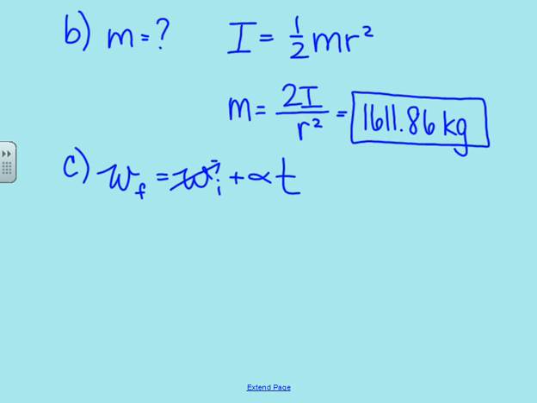Omega initial is 0 because it starts from rest. So we'll use 0.94 as our angular acceleration times 5 seconds, which gives us a final angular velocity of 4.7 radians per second.